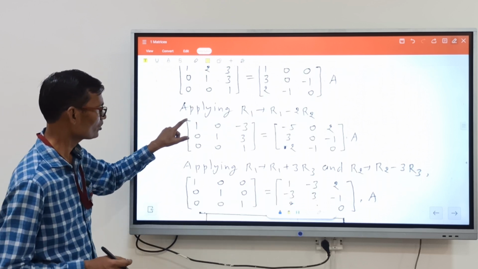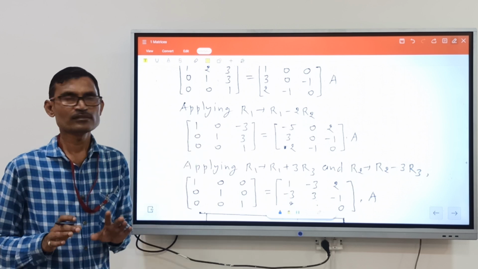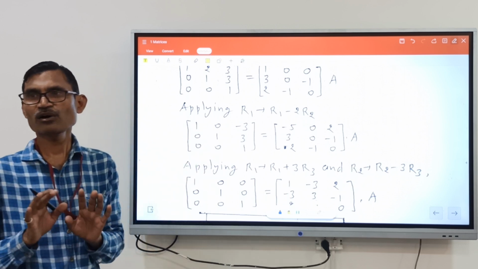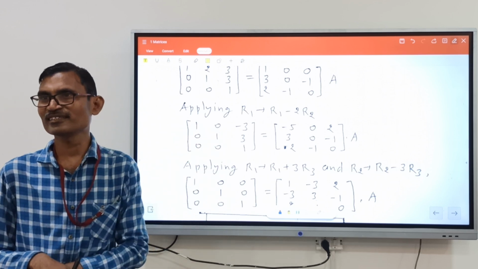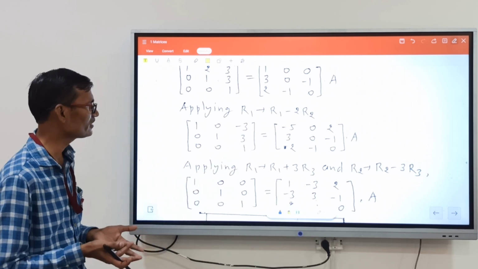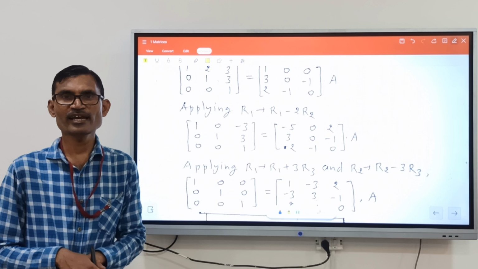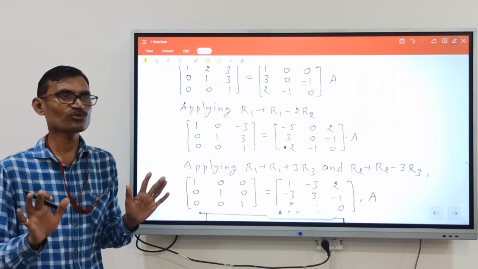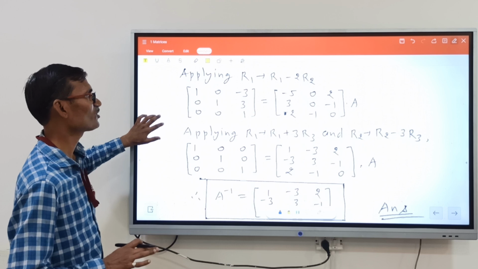Now the first and second column elements are already telling us that it is part of the identity matrix, and the third diagonal element is also 1. The change is that the remaining elements minus 3 and 3 are not 0. So we are going to make them 0 by applying this transformation.